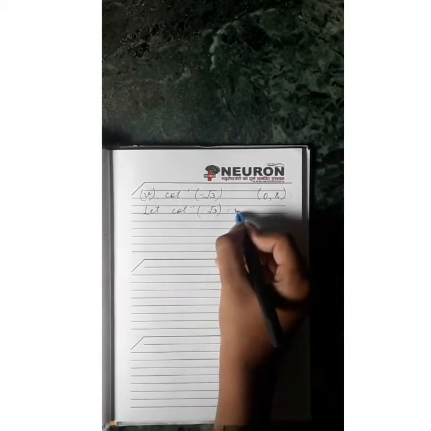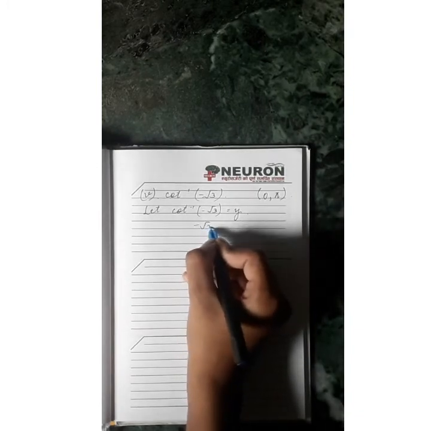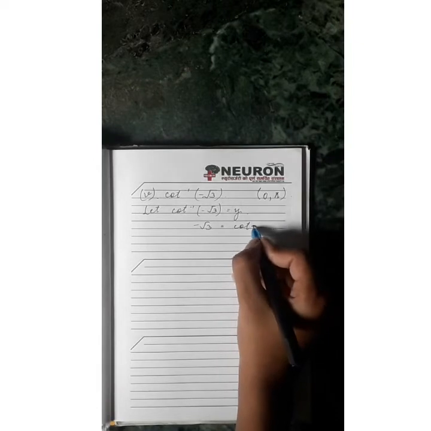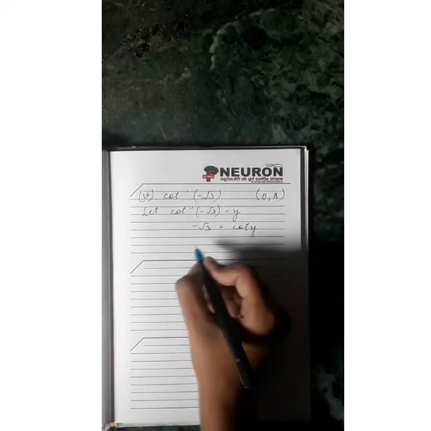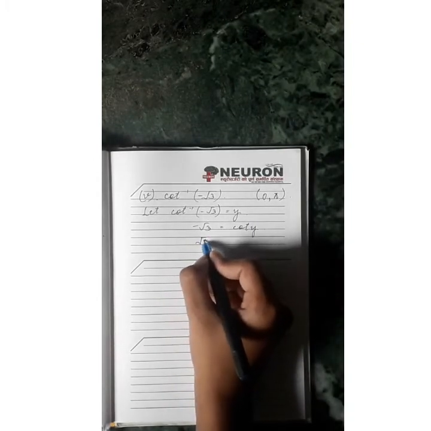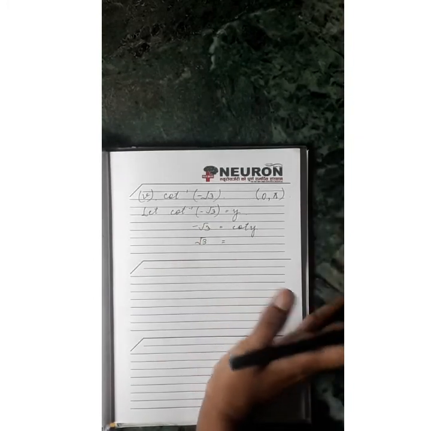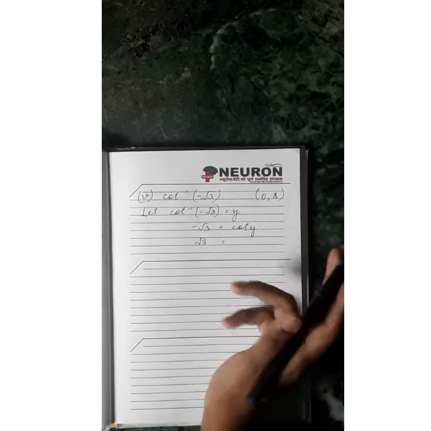Let the function be y. The next step is to take over the function from LHS to RHS. Then here also you have to do the same thing. Minus root 3, you may not be familiar with it, but root 3 is very easy.